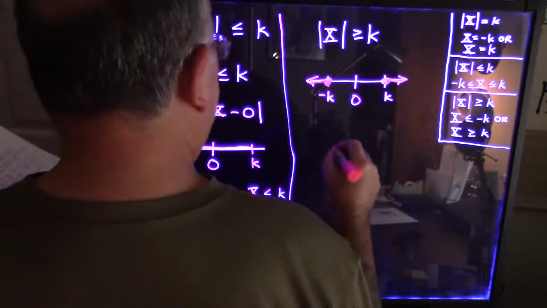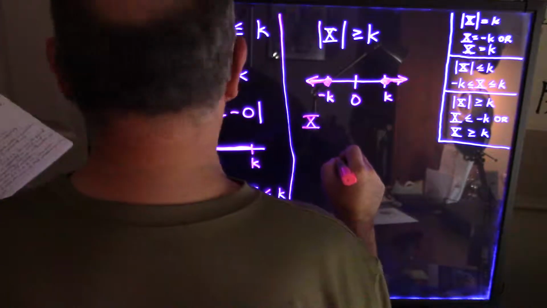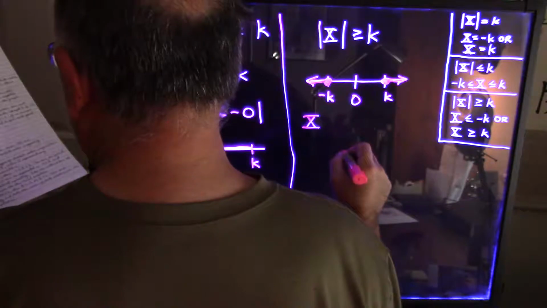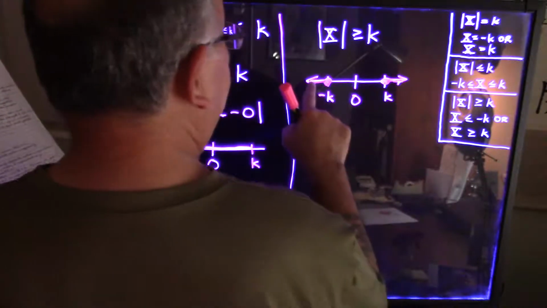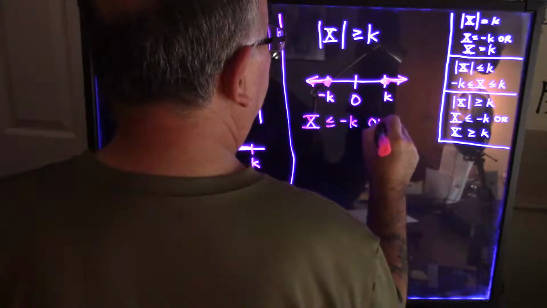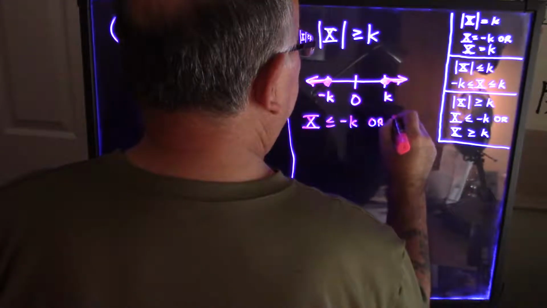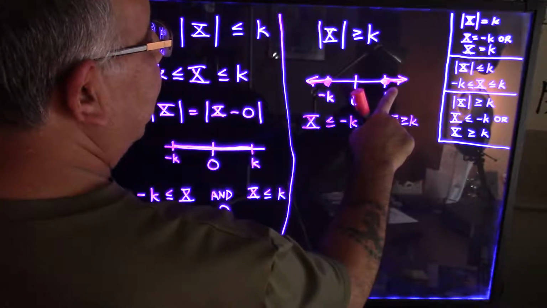So you would set up these two inequalities. Just x without the absolute value bars is less than or equal to negative k. That's this part here. Or x is greater than or equal to k. That would be this part here.